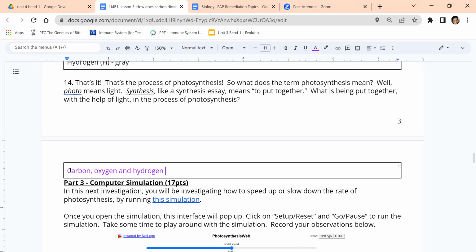Let's be more specific. So photosynthesis is putting carbon dioxide and water together to form glucose and oxygen.